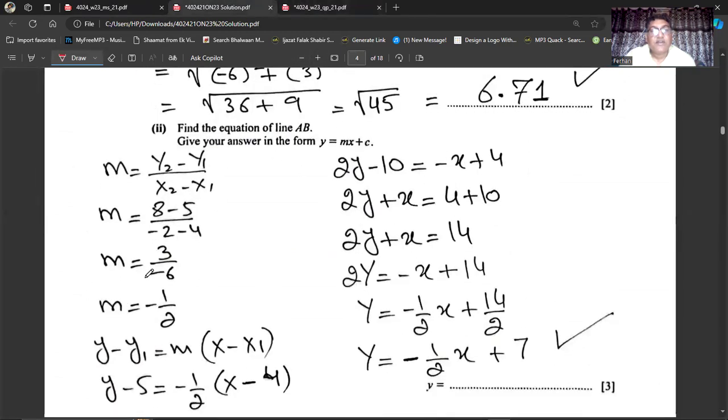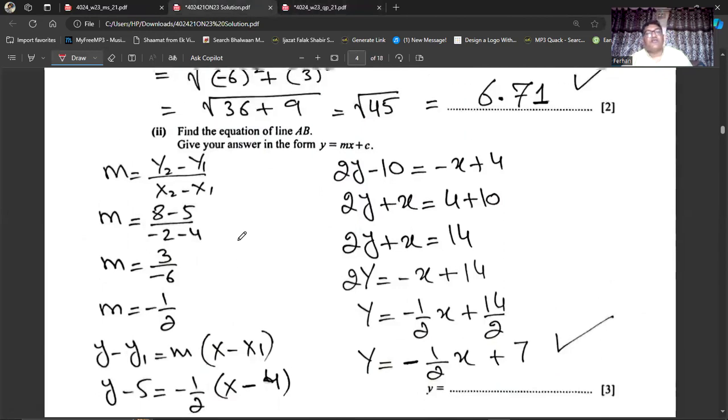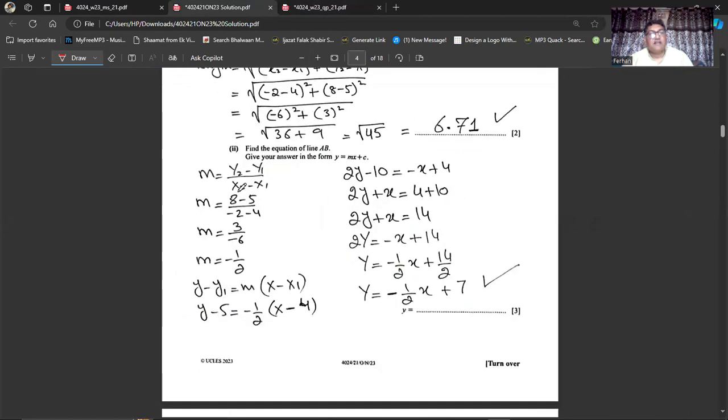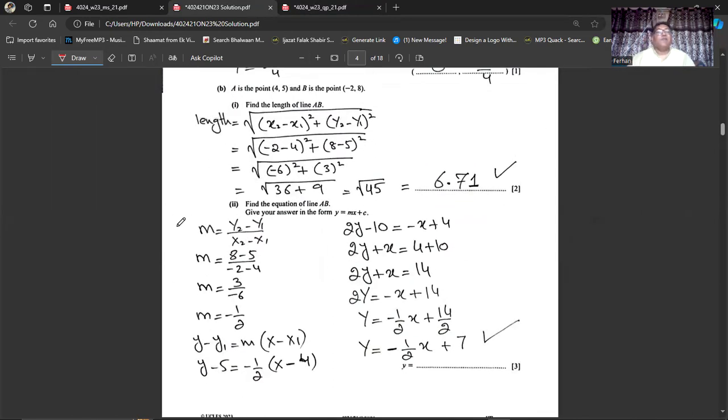Okay, so here we go. First of all, I am going to find the gradient. The gradient formula is y2 minus y1 divided by x2 minus x1. I'm going to use the point A and the point B. So it will be 8 minus 5 in the numerator, and in the denominator we will have minus 2 minus 4.